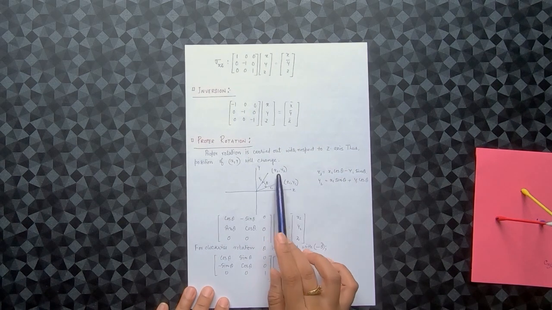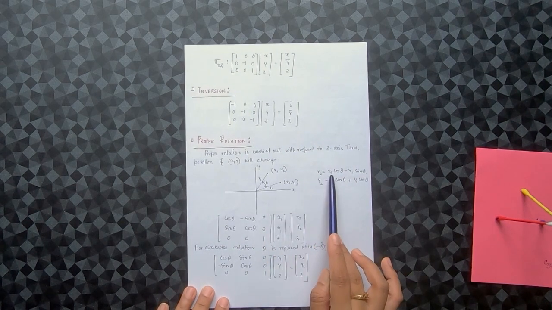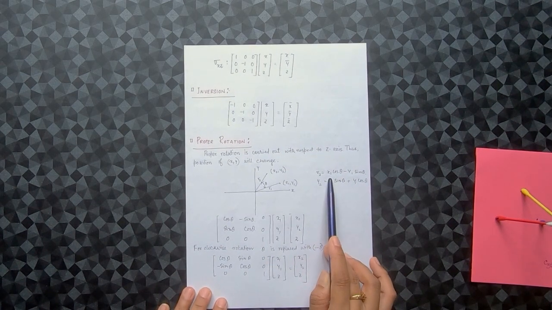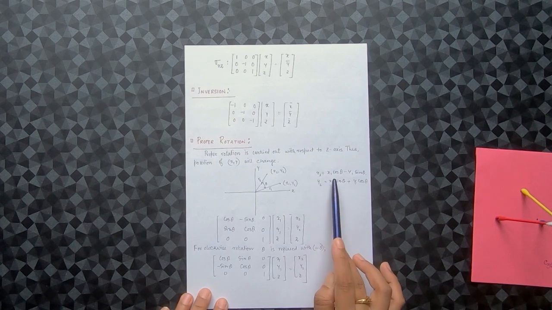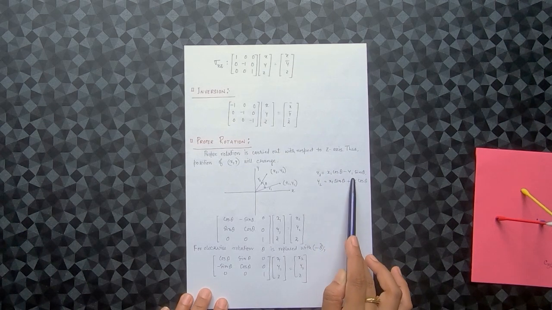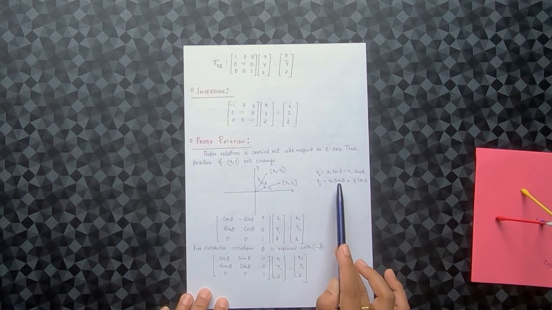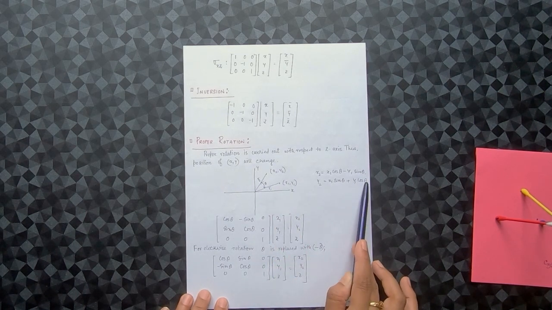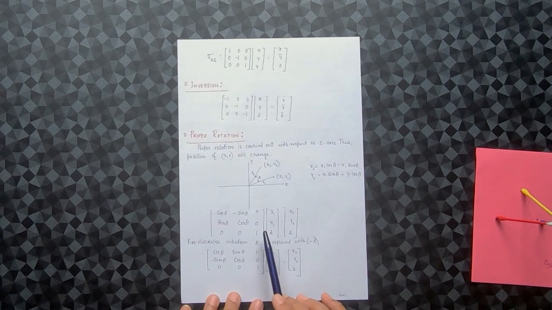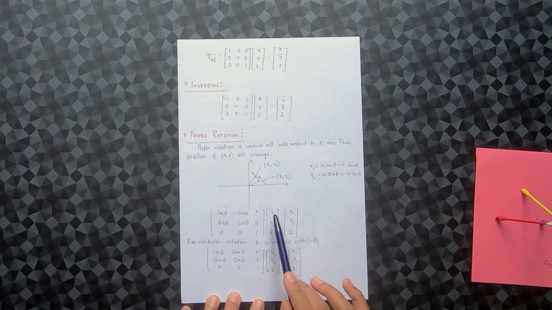So now the new position x2 is, by the trigonometric formula, x1 cos theta minus y1 sin theta, and y2 is x1 sin theta plus y1 cos theta. When we are representing proper axis of rotation, the rotation is done with respect to the z operator, so z remains unchanged, and only the position of x1 and y1 is changed to x2 and y2.